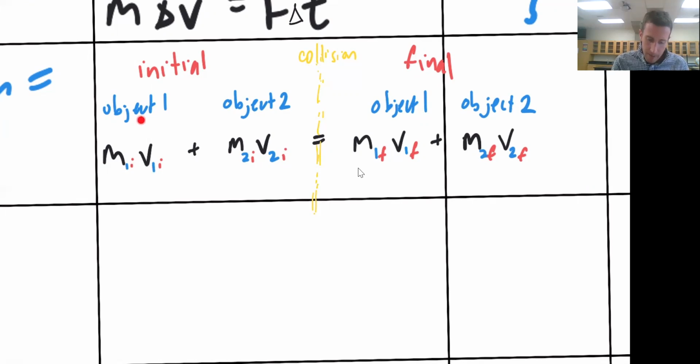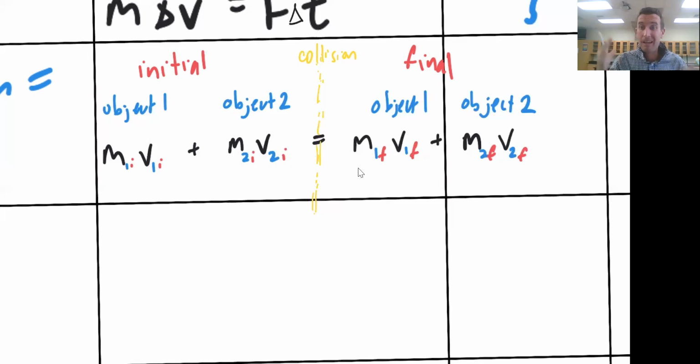Object 2, m2i, v2i. I stands for initial, 2 for object 2. After, the mass and velocity of the first object afterwards, plus the mass and the velocity of the second object afterwards, are equal to the total starting momentum. So this is the total beginning momentum. This is the total ending momentum. They have to end up equal to each other.